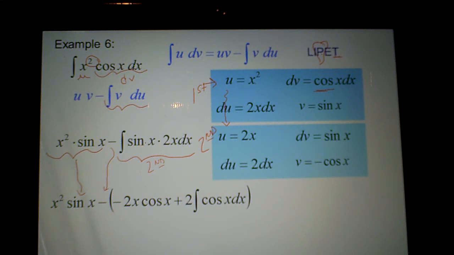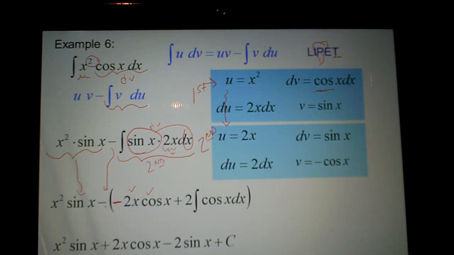So the integral of u dv is u times v, negative cosine, here's my negative, minus the integral of v, there's cosine, which had a minus in front of it, osmosis, du, which was 2 dx, osmosis the 2 out here, cleaned everybody up.